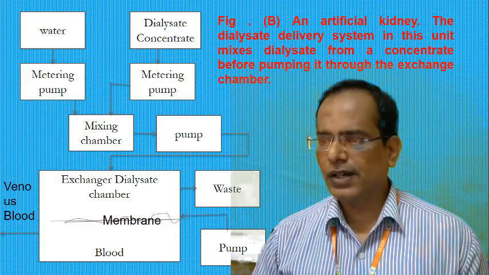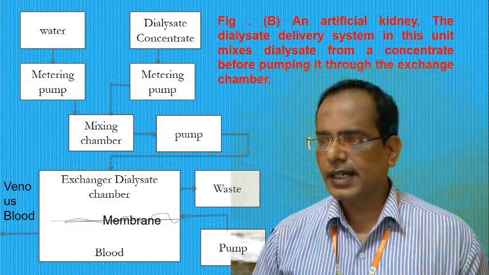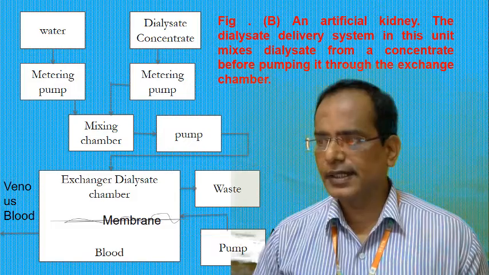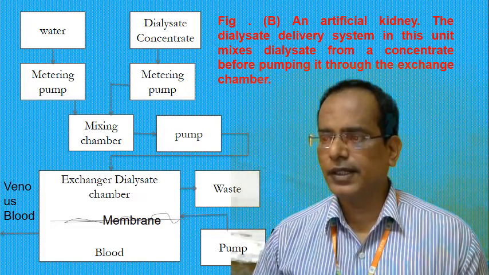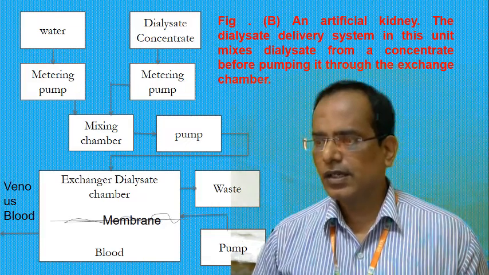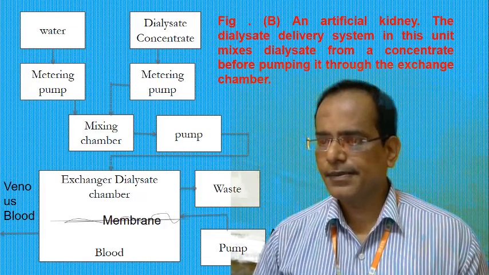The remainder of the artificial kidney consists of a dialysate delivery system. The dialysate is made up of water with various solutes added.